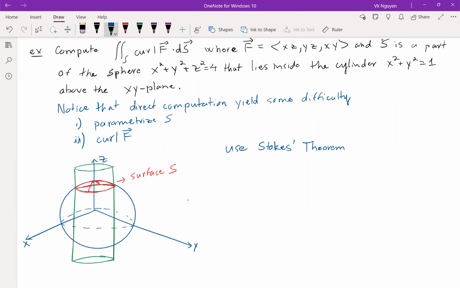Stokes' theorem says that instead of doing the flux of curl F, we can just do the circulation along the boundary curve C, the integral of F dot dr. The boundary curve C is this one.